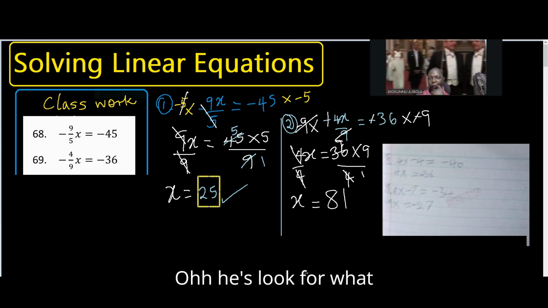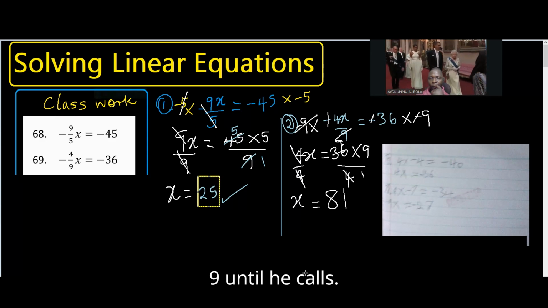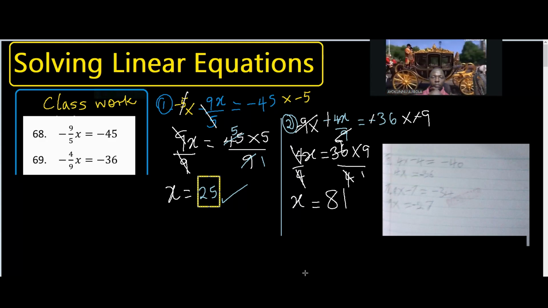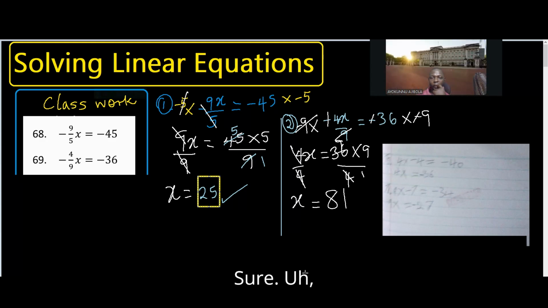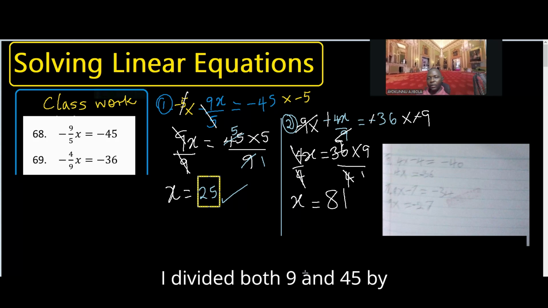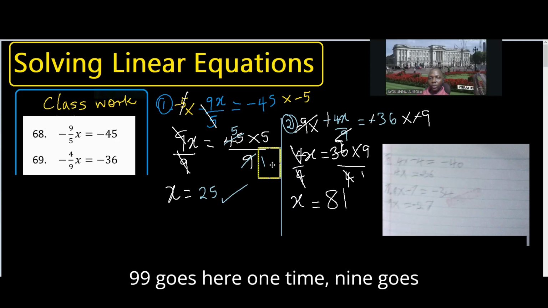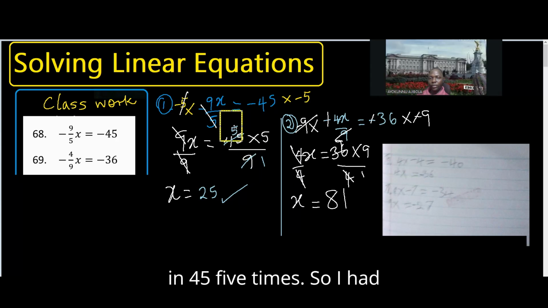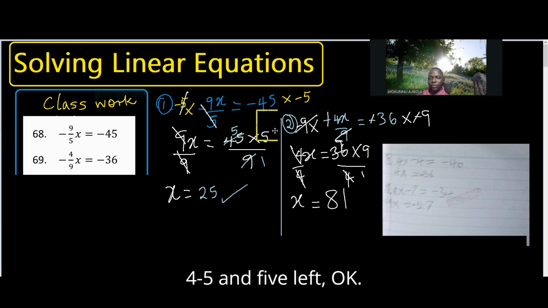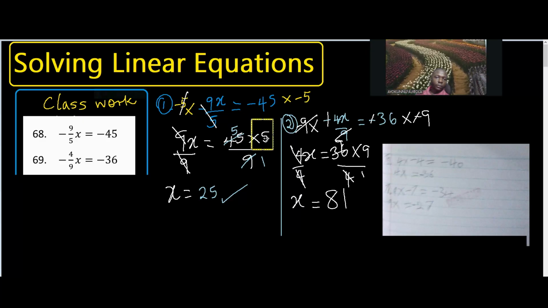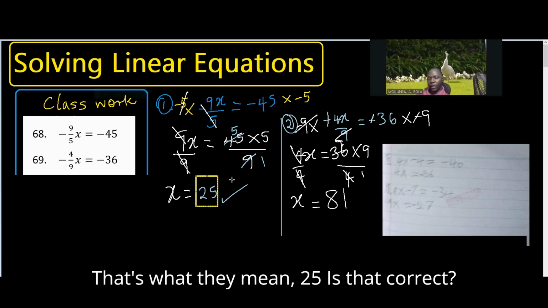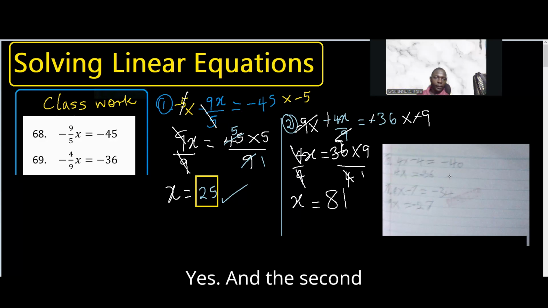I divided both 9 and 45 by 9. 9 goes into 9 one time, and 9 goes into 45 five times. So I had 5 and 5 left. That's what gave me 25. Exactly.